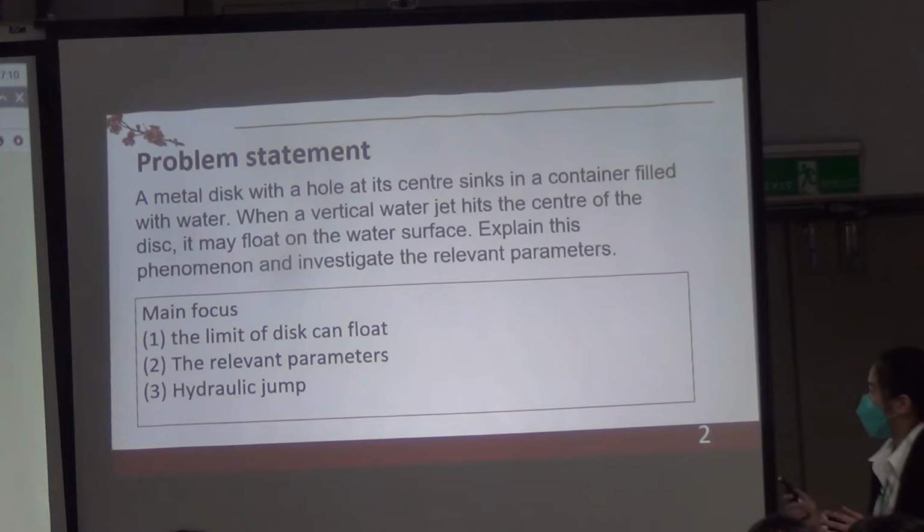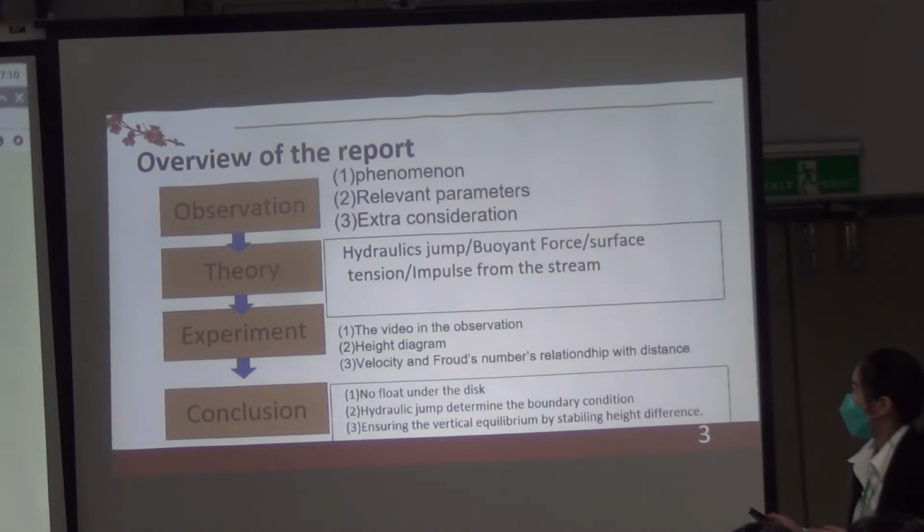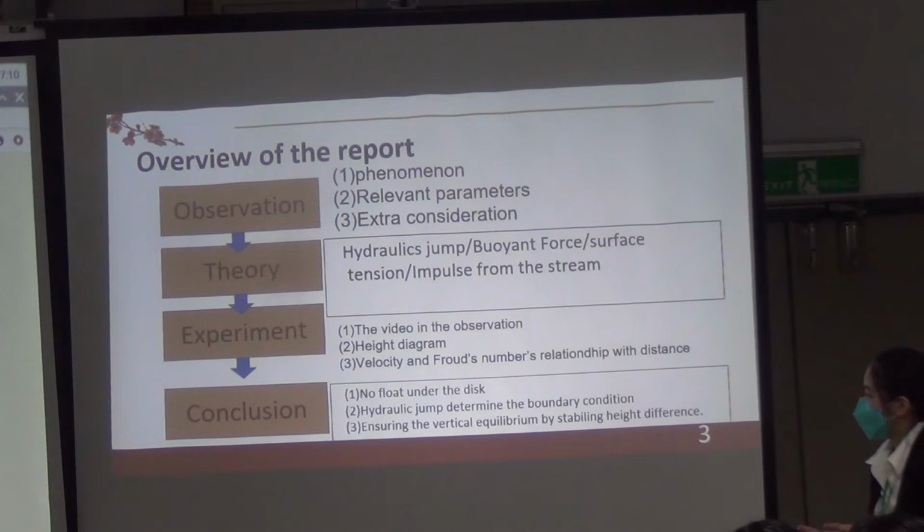The main focus should be the tuning of the phase and float and the reference parameters and the hydraulic jump. And overview the report. For the observation part, he talked about the phenomena very clearly, and the reference parameter is enough, and he has an extra consideration. For the theory part, it is the hydraulic jump and buoyant force and surface tension influence from the stream.